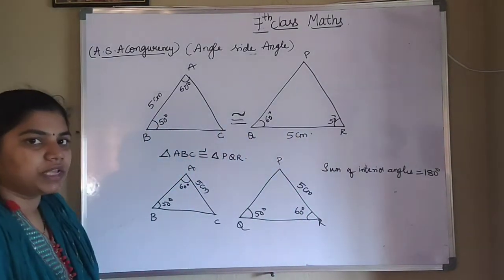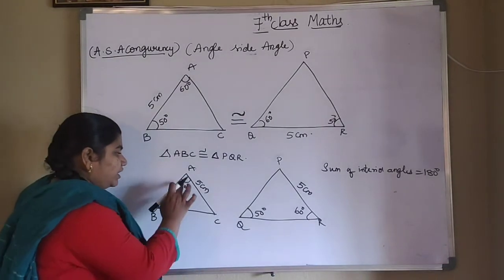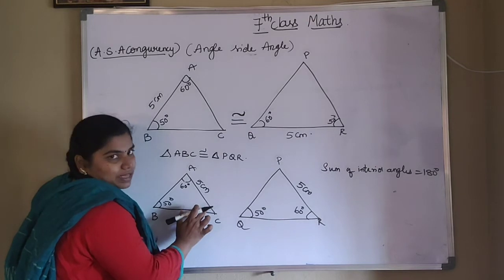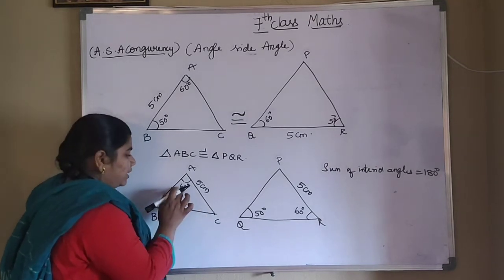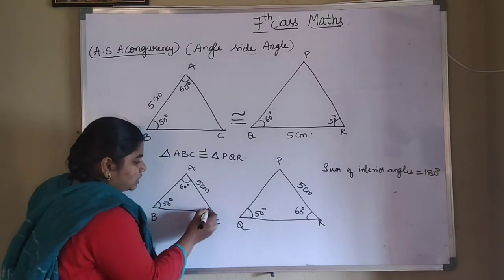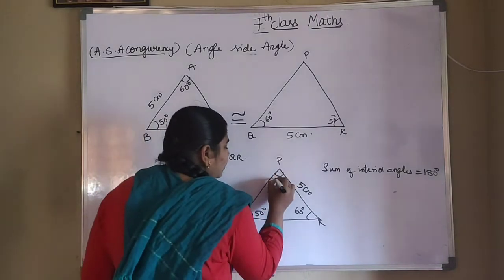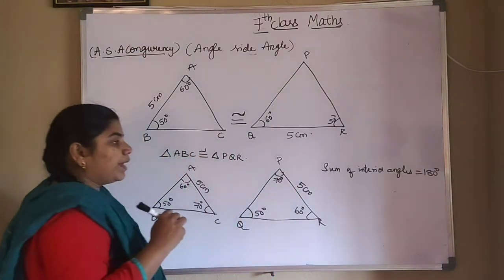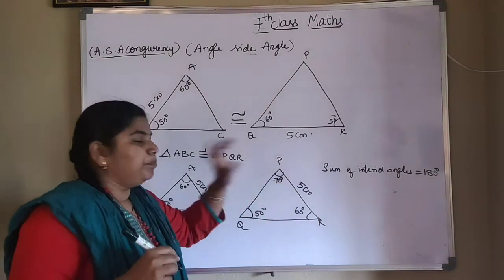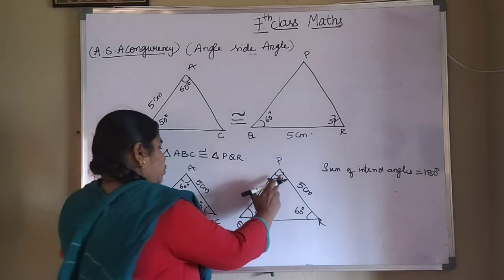Already they have given these two angles, so we can find this angle. 60 plus 50 is 110, that means this angle will be 70. If it is 70, this angle also will be 70. So by using the angle sum property, I can find the C and P values. Here the C value and P value are the same. So I got these two angles.